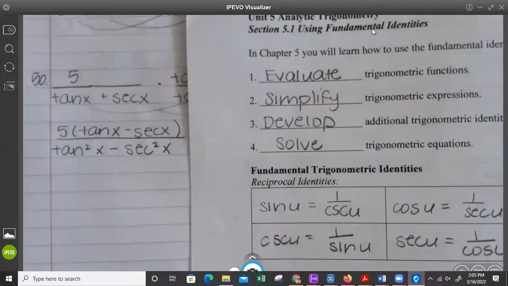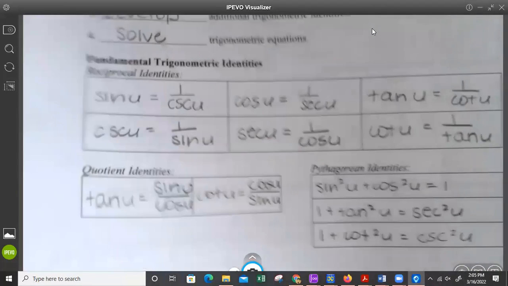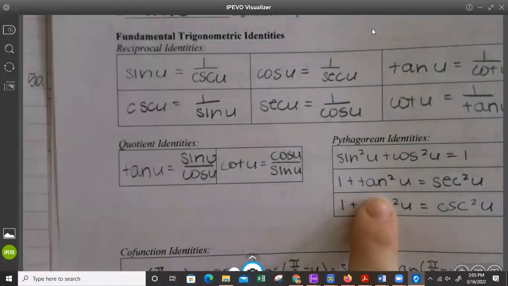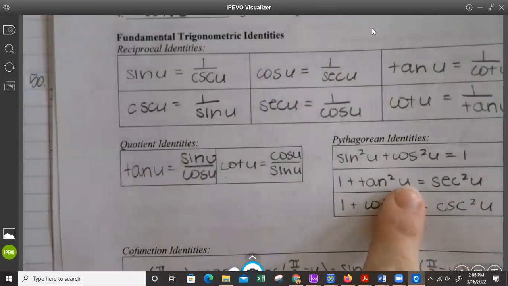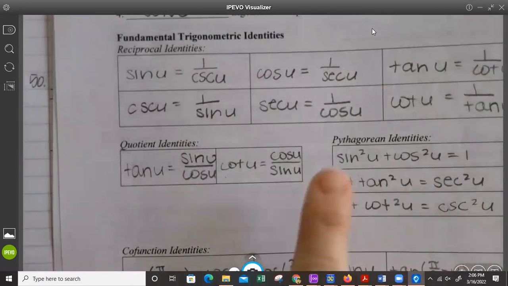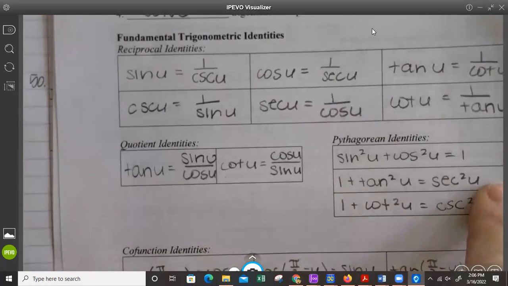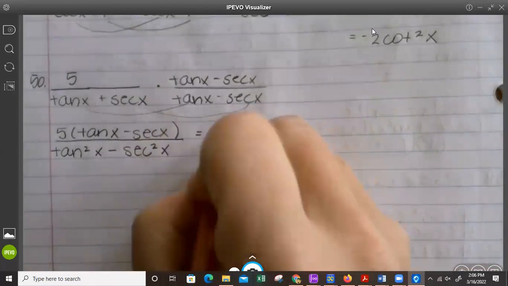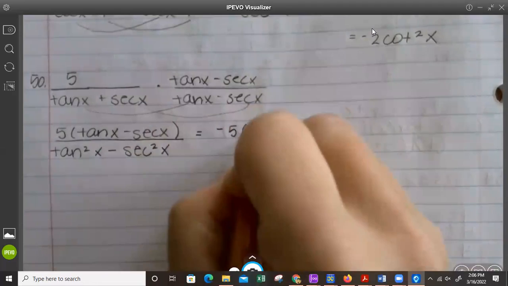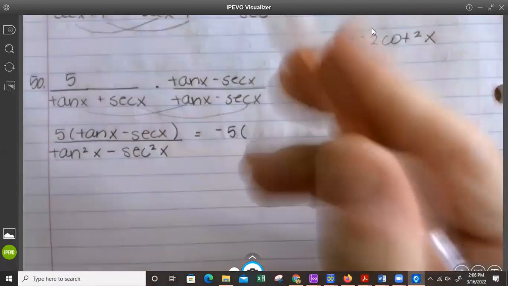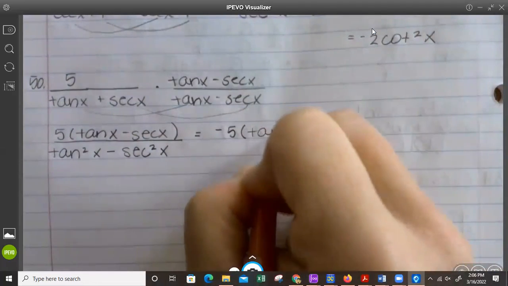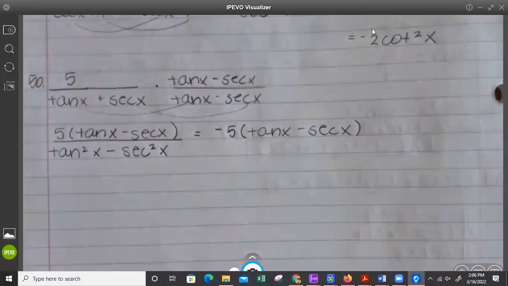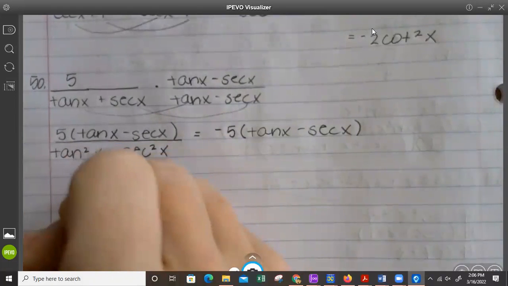If I have tan squared x and I subtract secant squared x, what am I going to have to do with the 1? Subtract over, so what's it equal? -1. Tan x minus secant x. Okay, so it's just -1.